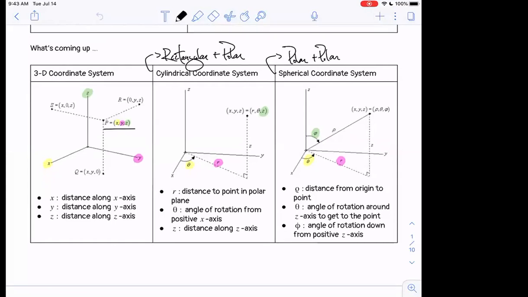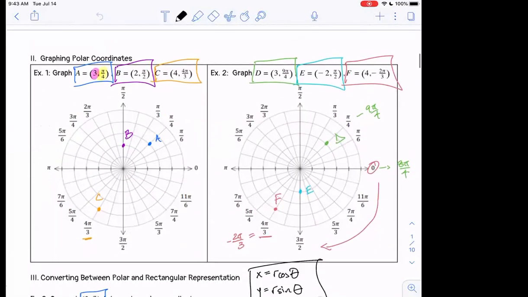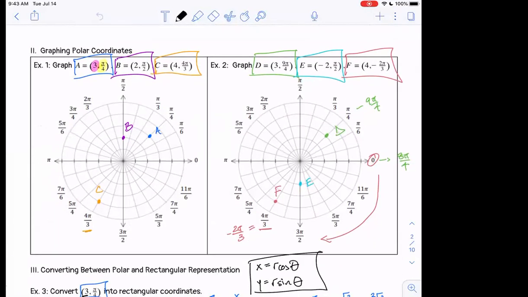We talked a little bit about graphing polar coordinates. The first number is the r, how many circles you count out, and the second number is the angle, or theta, and that's the one you actually go to first. So you find a specific angle, and then you count out a certain number of circles in a given direction.